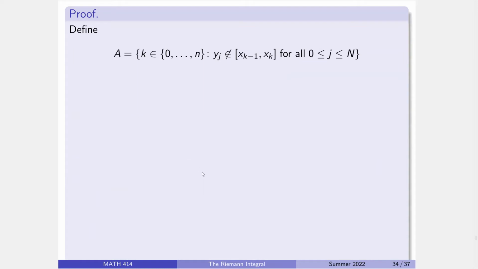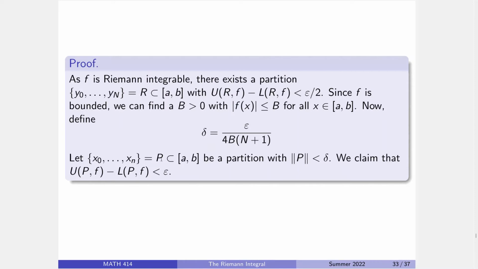So the trick, it turns out, is to do the following. Look at all of the indices k so that my subintervals, note x is for the partition P whose mesh size is less than delta, and the y's are the initial partition R so that the upper and lower Darboux sums' difference does not exceed epsilon over 2.